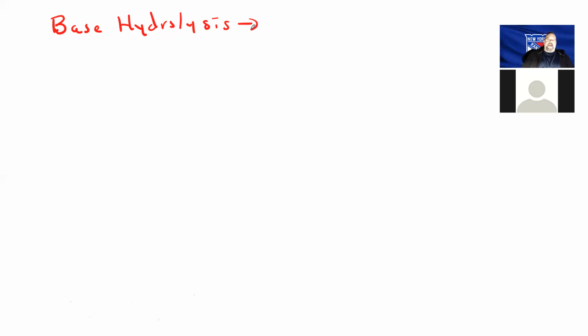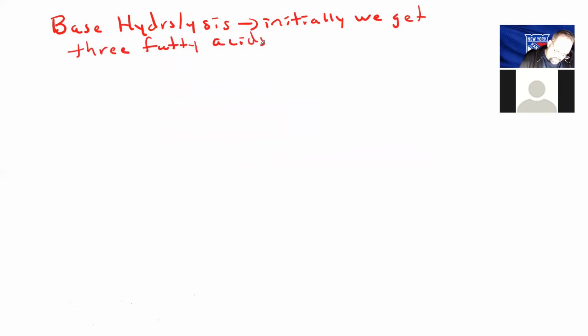And we spoke about the fact that the reaction initially generates a carboxylic acid, but a carboxylic acid was not one of the final products because you can't have an acid under basic conditions. And what happens to a carboxylic acid under basic conditions? It becomes converted to a carboxylic acid salt. Very similar type of process here. Initially, we get three fatty acids.